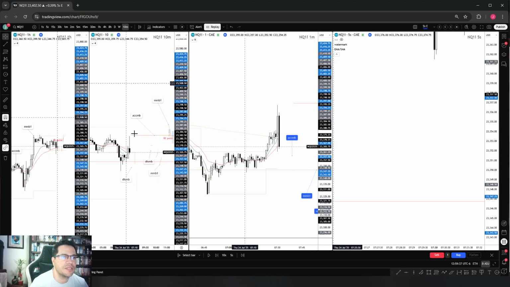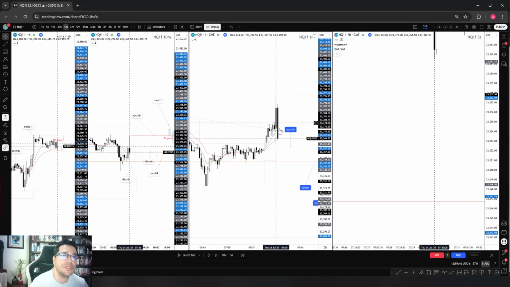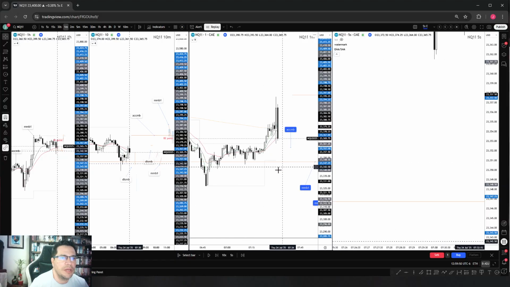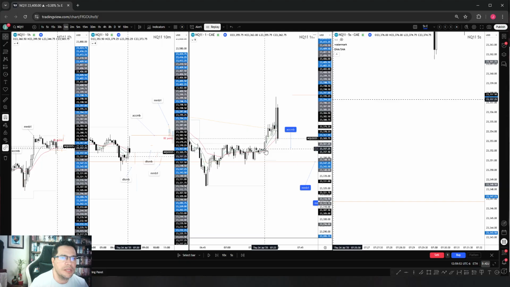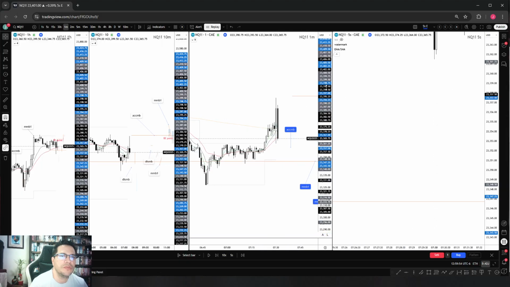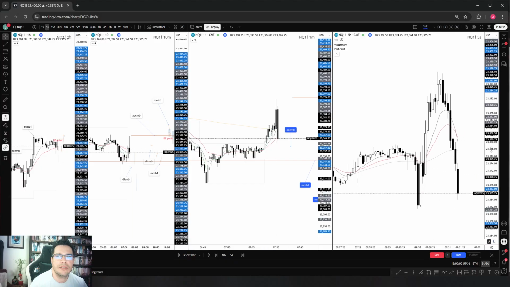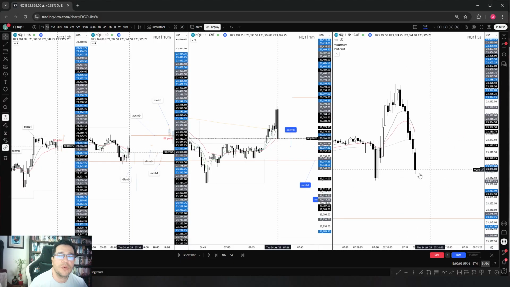On our context time frame, which is the 10-minute, we are right at the EMAs, and on our validation time frame, which is the 1 minute, we had some sort of accumulation right here, and then a move that seems to be an MMB1, which was built right at market open. So this is where we are right now.